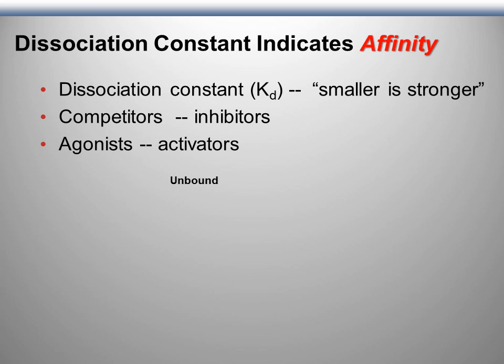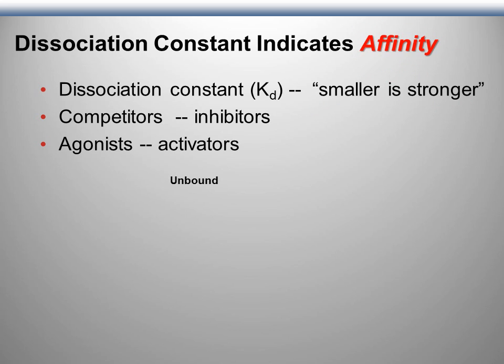It's just a different kind of ratio where the unbound concentration versus the bound concentration. So if you have very little unbound concentration versus bound concentration, that means the number is smaller. So for your purposes, when we're talking about KD, dissociation constant, okay, the opposite of affinity is dissociation. Okay? The smaller the dissociation constant, the stronger the affinity.